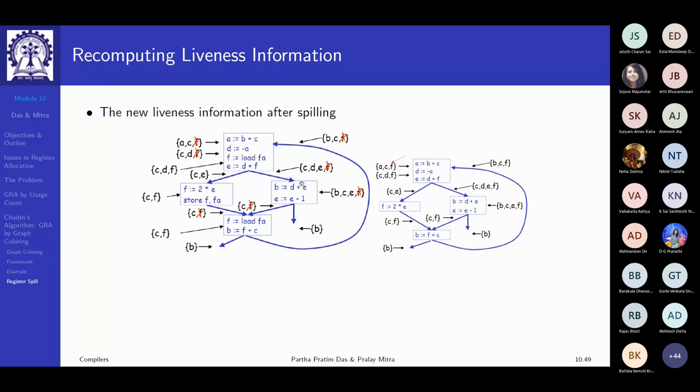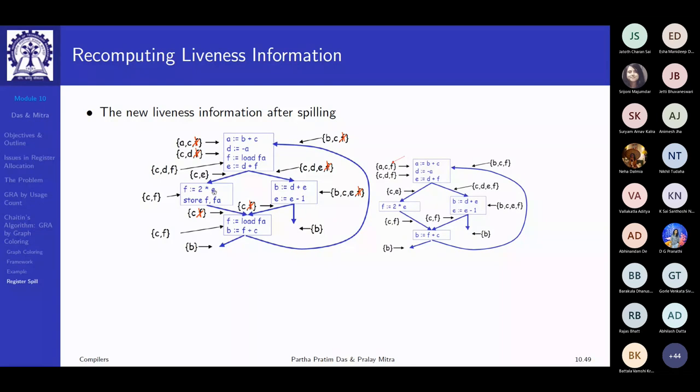But it is not live on exit, because if you trace back from this last block, it does not need to be live because it is being defined, which means on exit of the right block it does not need to be live. It is removed, which means in the previous statement it does not need to be live, which means on entry to this block it does not need to be live.